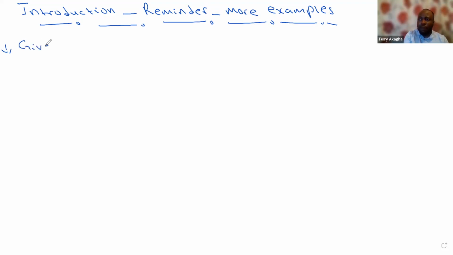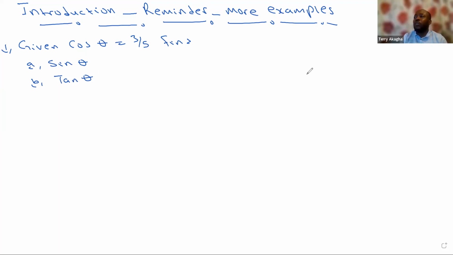So let's see this example here. Even if we're given an equation that cos theta is equal to 3/5, and we're now told to find sine theta and tan theta. Remember, I told you that I used SOH-CAH-TOA.